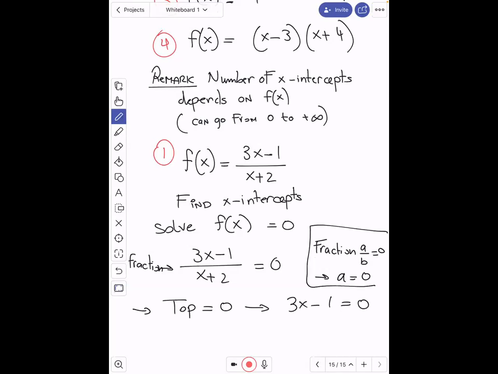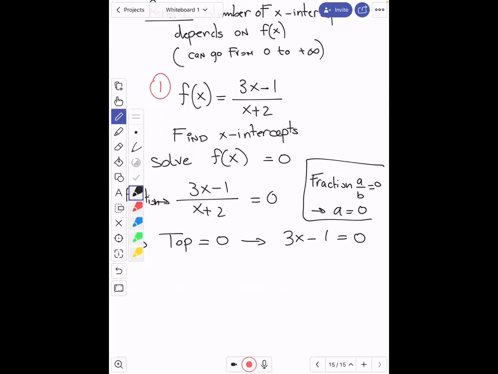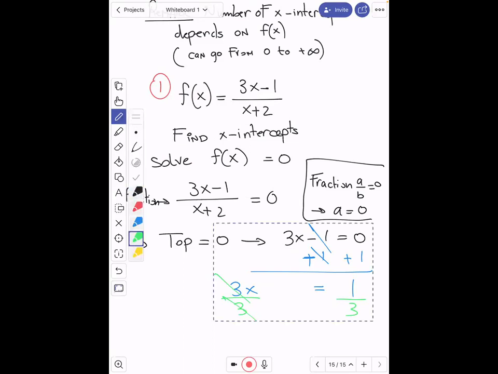Let's solve 3x minus 1 equal to 0 in 30 seconds. You need to add 1 to both sides, so 3x equals 1. Then divide by 3 on both sides to get rid of the 3. 3 over 3 is 1, so it cancels out, and your x would be 1/3.